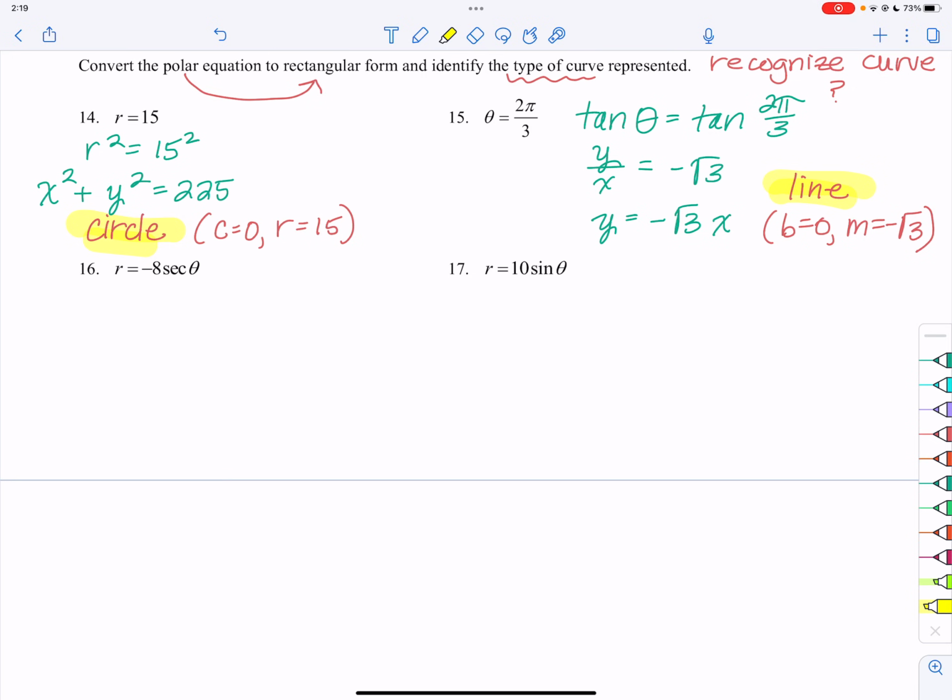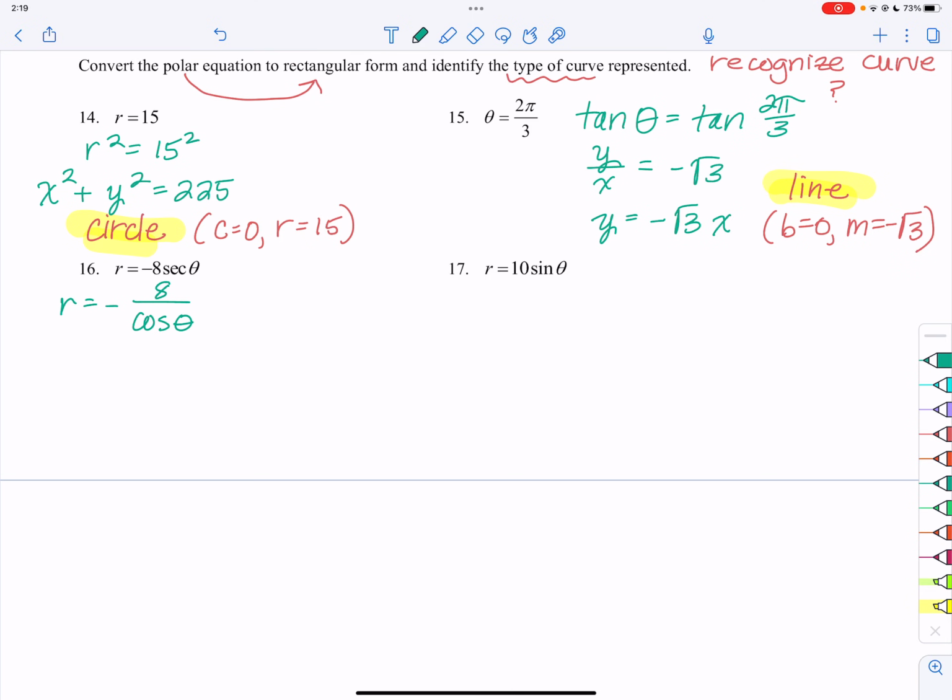Okay, let's look at number 16. We have r equals negative 8 secant of theta. So we have r is equal to negative 8 divided by the cosine of theta.